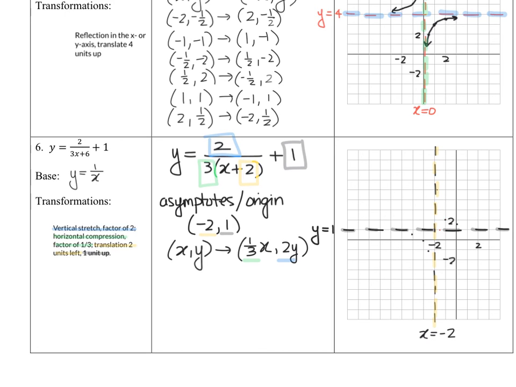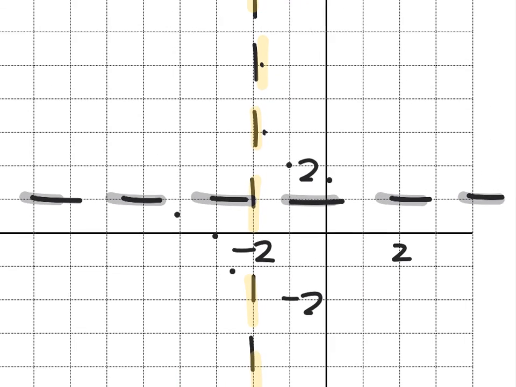So now it's going to be at 1/3, 2. And again, once I have that point, I can delete this one. And then the next point that used to be at 2, half is now going to be at 2/3 of the way and 1. Right there. So again, I can delete this point.